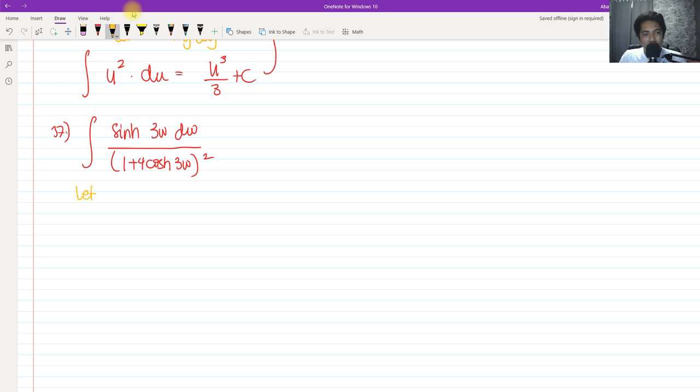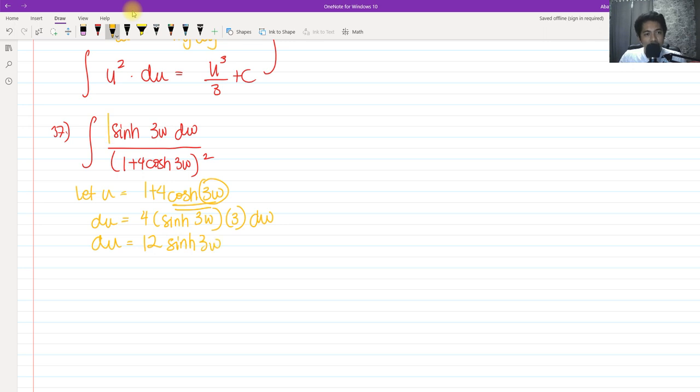Let u be 1 plus 4 hyperbolic cosine of 3w, and get the derivative of u with respect to w. We have 4 times the derivative of hyperbolic cosine, which is hyperbolic sine 3w. And of course, we have to differentiate the inner function, that is the chain rule, so we have 3 with respect to w. So we have du equals 4 times 3, that's 12, hyperbolic sine of 3w dw.